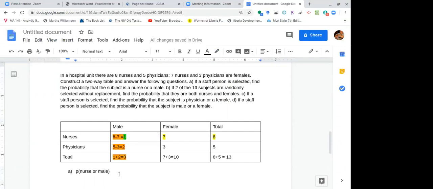Okay, so when I use or, it means we add. So we get the probability of being a nurse plus the probability of being a male minus the probability of being a male and, or actually, let me keep the same order, nurse and male.